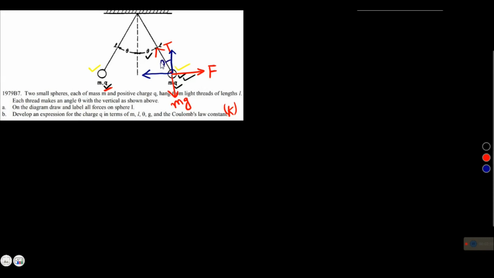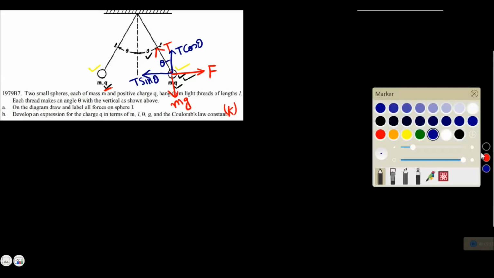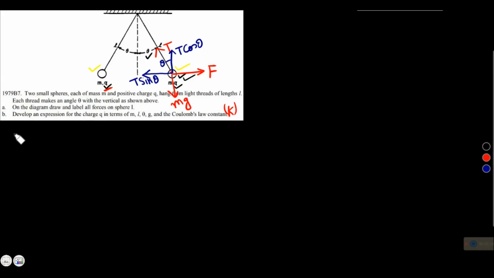This angle will be theta, so this will be T cos theta and this will be T sin theta. Since it is in equilibrium, we can write T sin theta equals F, as well as T cos theta equals mg.